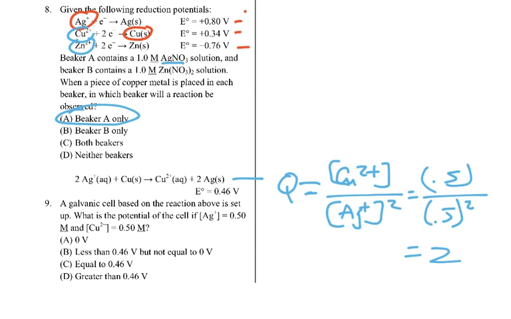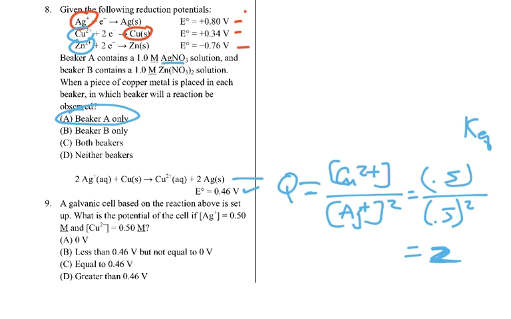Well, if we had a standard cell where everybody was 1 molar, a standard cell would have a Q value of 1. So this is larger than 1. And what we learned before is that the KEQ for a cell that works is very, very, very large.